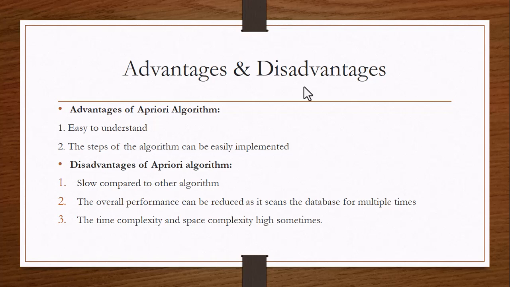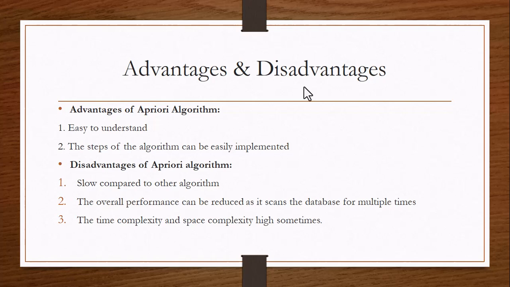So, disadvantages of the apriori algorithm. Firstly, it's slow compared to other algorithms, and the overall performance can be reduced as it scans the database multiple times, because it has to scan the database to find the relation between item sets and their relation to each other.